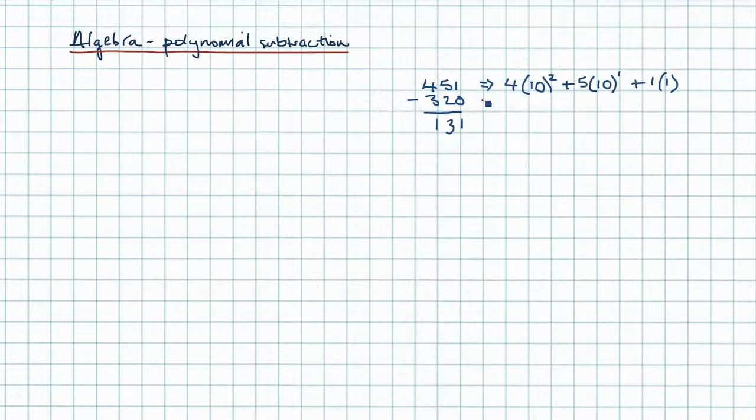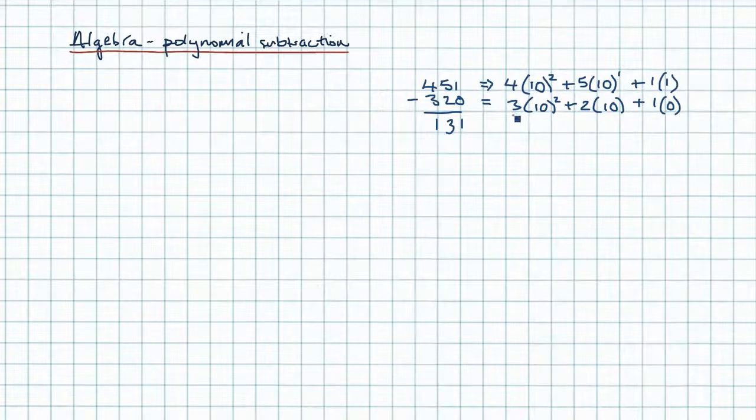If we do the same here, we've got 3 ten squareds this time, plus 2 tens. I'll drop the power 1 because that just stays the same, and we have no 1s, so we'll just have 0. So that's what we've really got here, and these numbers are shorthand.